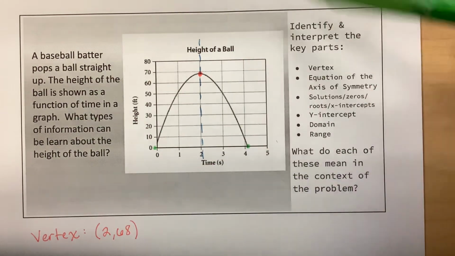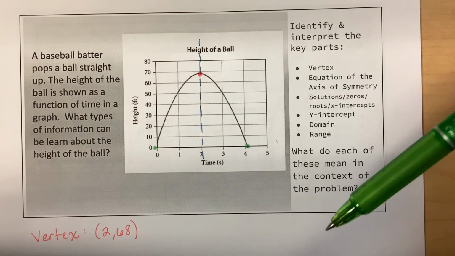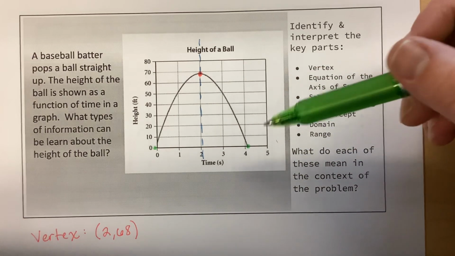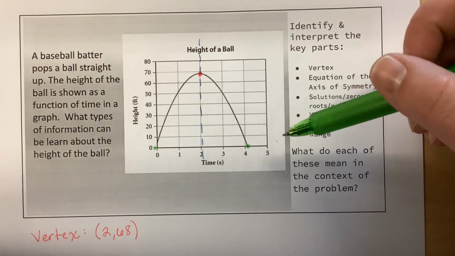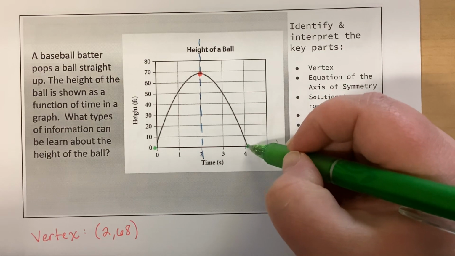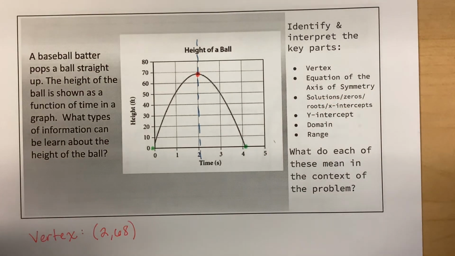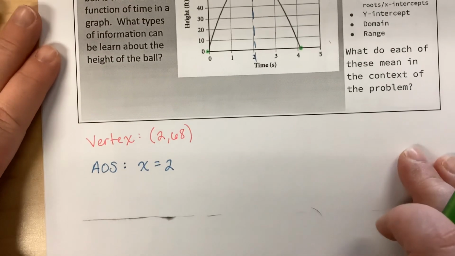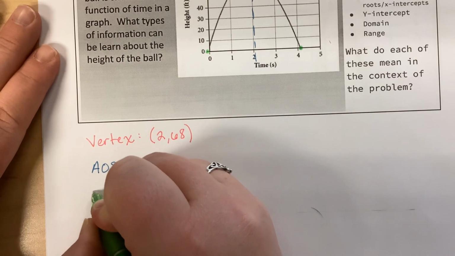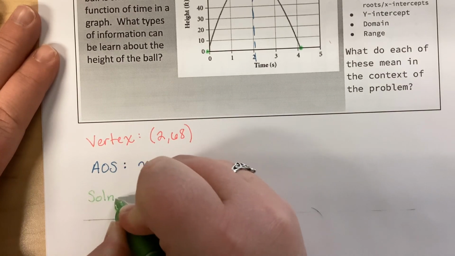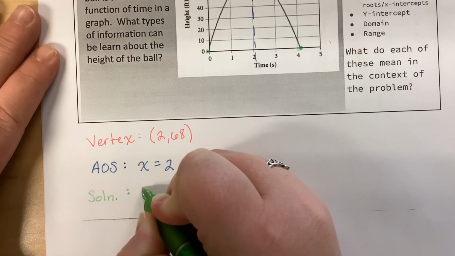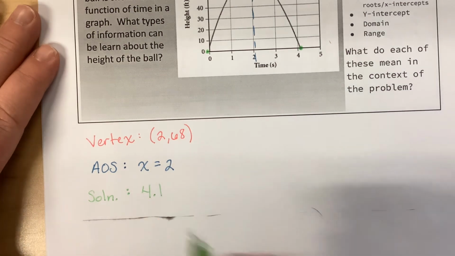If this did not have context, we would write it down as a solution. But for this one, it doesn't make sense in context, so we throw it out. The only solution is right here, which is about 4.1. So our solution is 4.1.